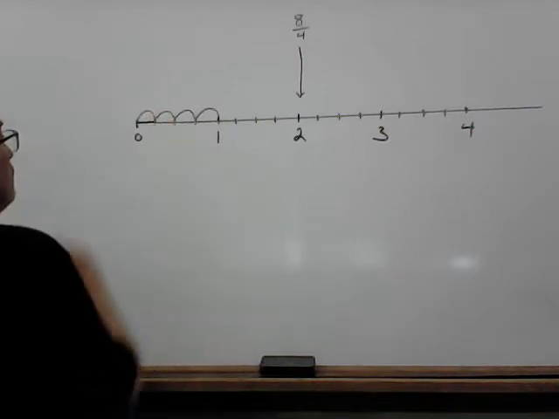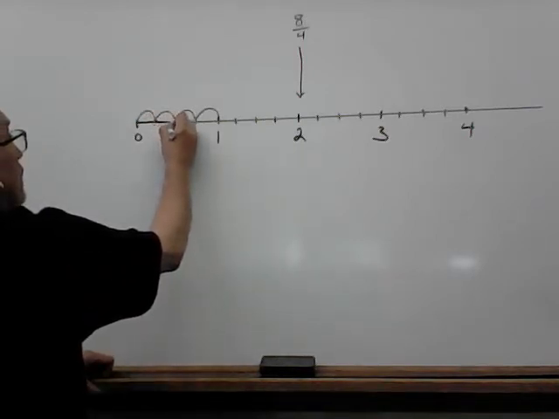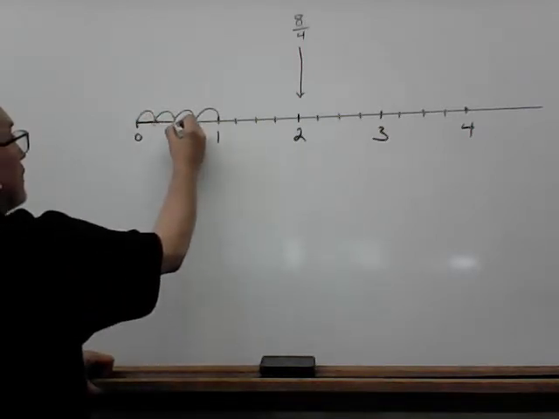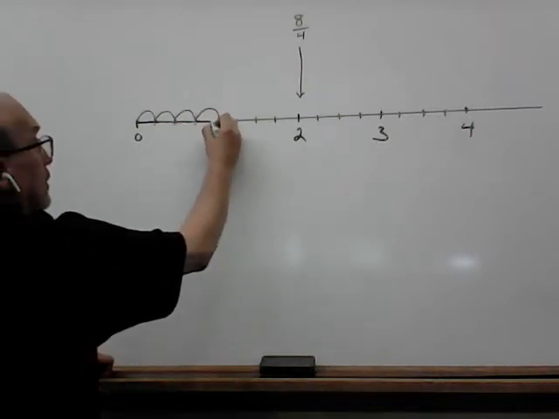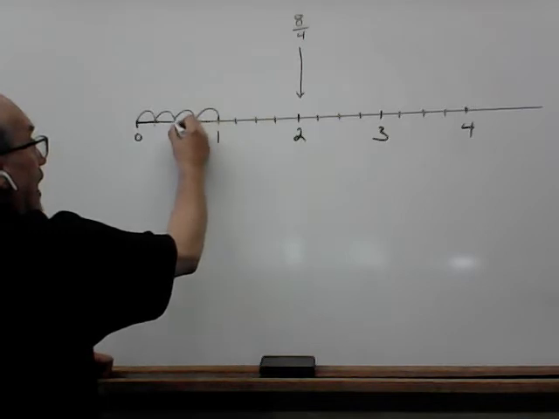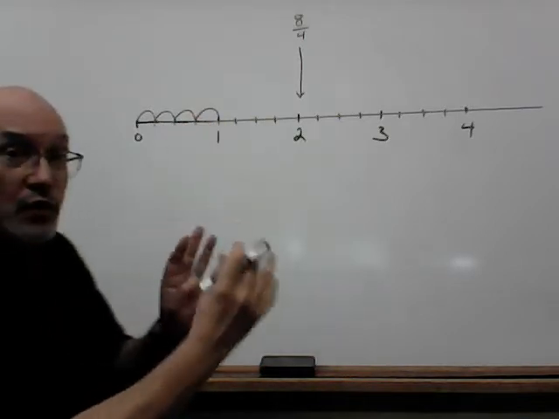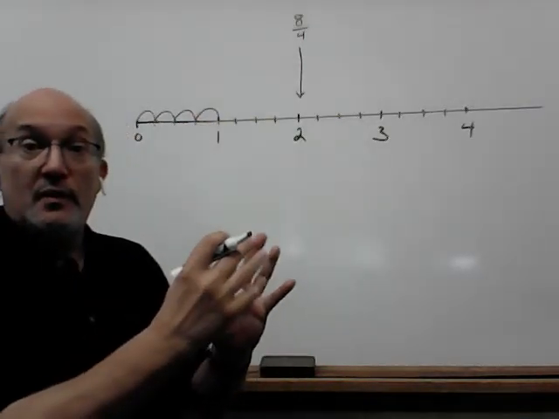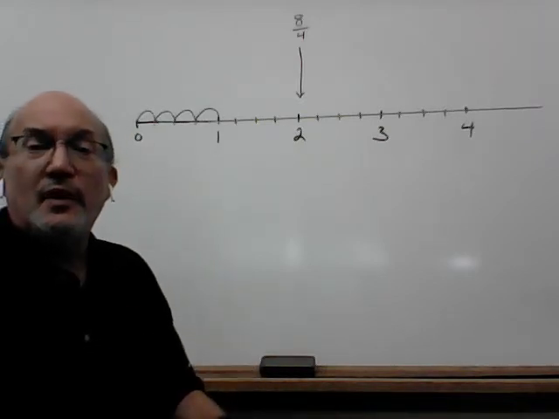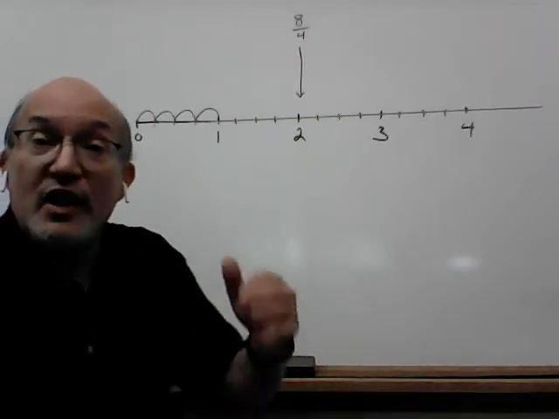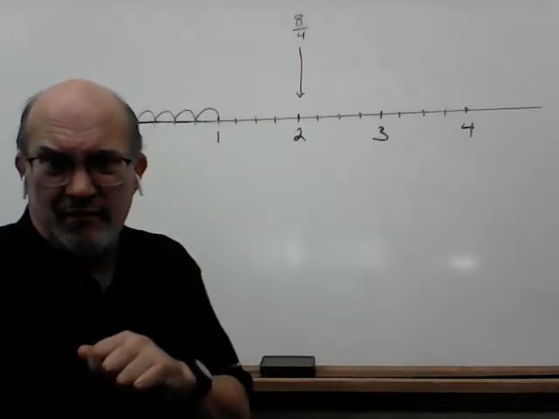So there's 1/4, and then another 4th here, exactly the same length, and then another 4th here, and then another 4th like that. So there are 4 of those 4ths between 0 and 1, and it'll always work that way on a 17ths number line.